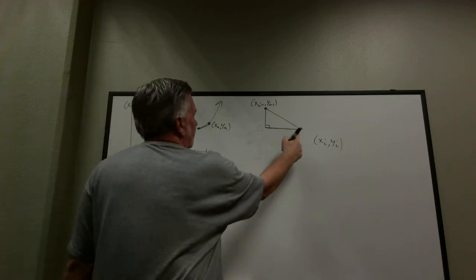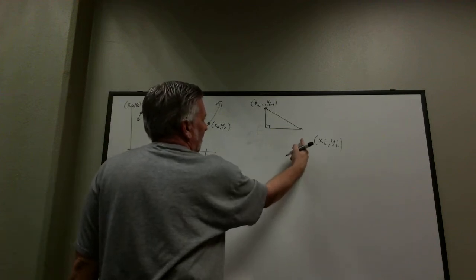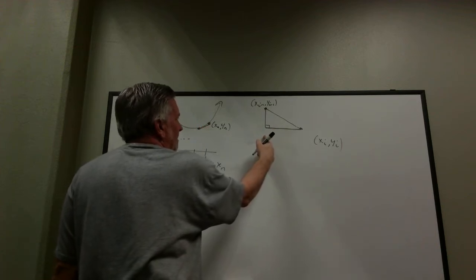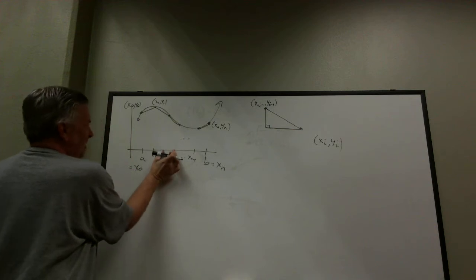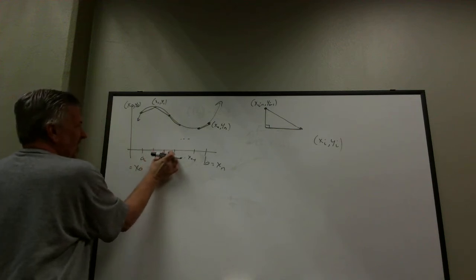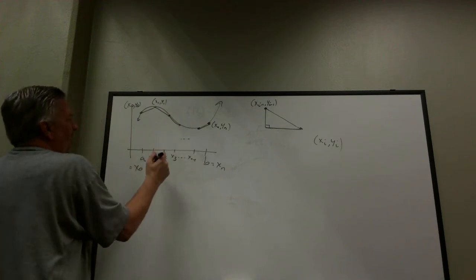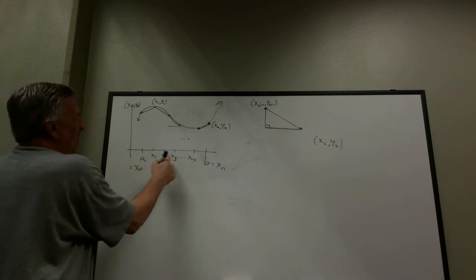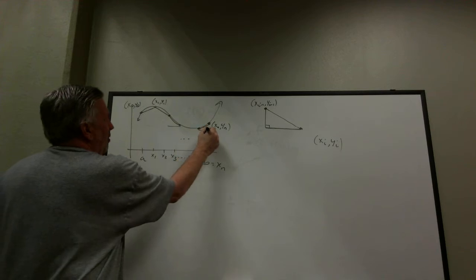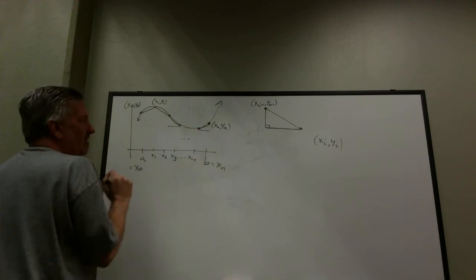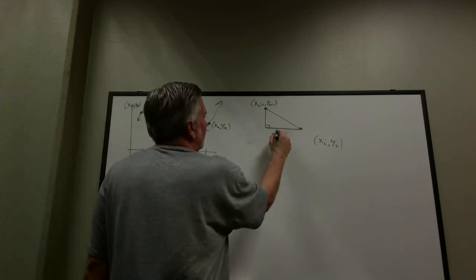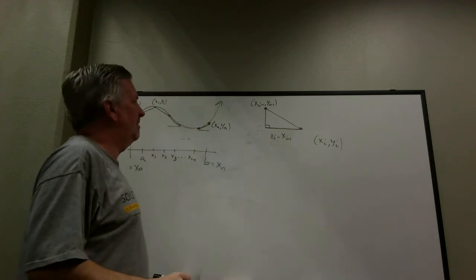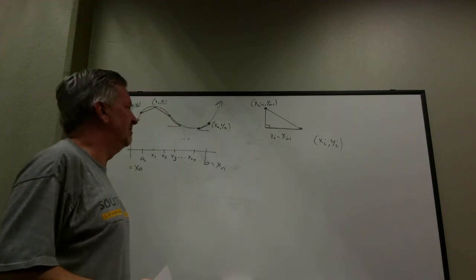This has an x value of xi, and this has a value of x(i minus 1). So it's basically the width of one of these intervals. For example, how far is it from here to here? It's x3 minus x2. How far is it horizontally from there to there? It's xn minus x(n minus 1). So this distance is xi minus x(i minus 1). That x value minus that x value.